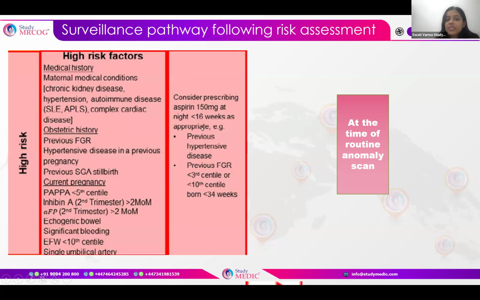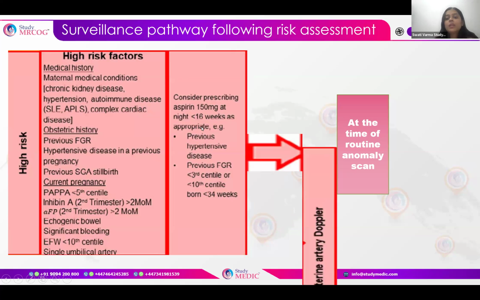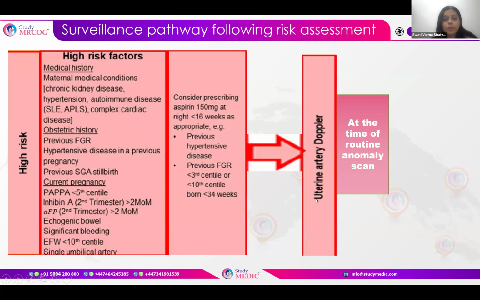Then in these high-risk women, what will you do? You will do uterine artery Doppler. In the previous guideline, you were doing it for 3 minor risk factors. Here, forget those things. For all high-risk women, you have to do uterine artery Doppler at the time of the routine anomaly scan. Okay.